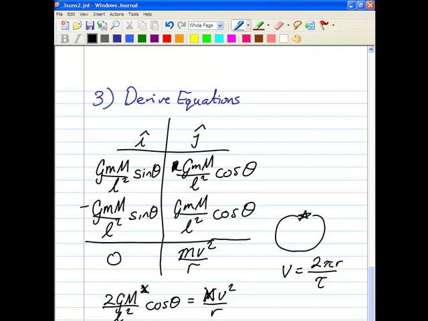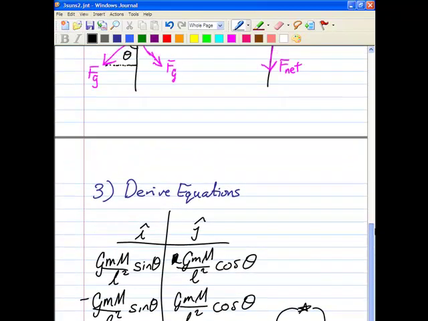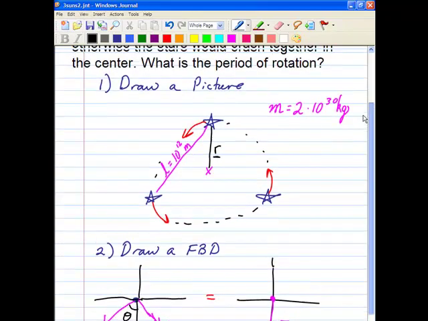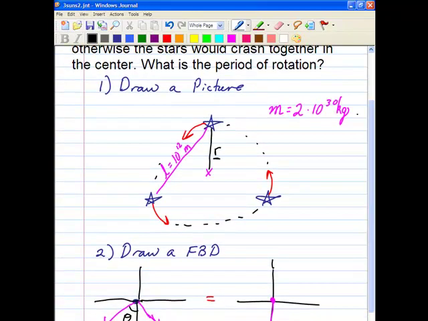And the other thing, notice we have an L on one side and an R on the other side. Let's see if we can figure out how r and L are related by going back up to our picture. We're going to have to do some triangle drawing here. Let's try looking at a triangle like that.